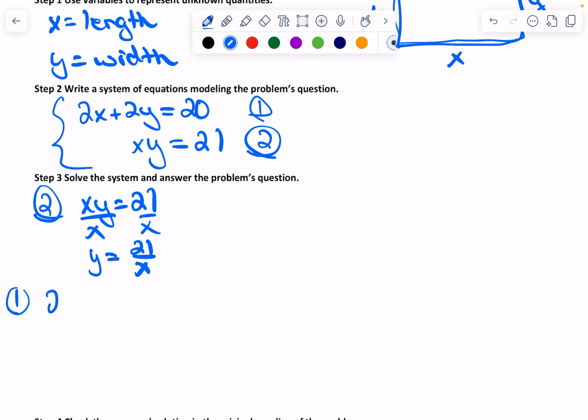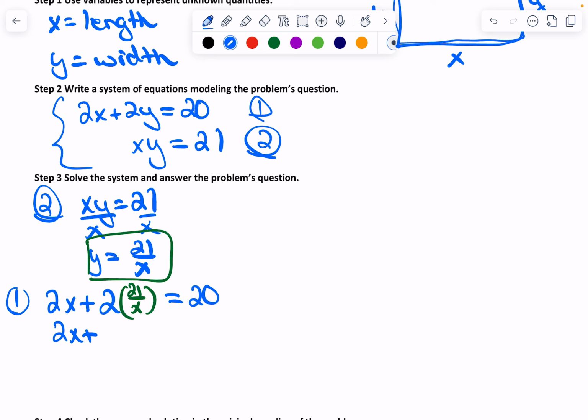So 2x plus 2 times 21 over x instead of the y equals 20. And now I'm going to do 2 times 21 is 42 over x equals 20.